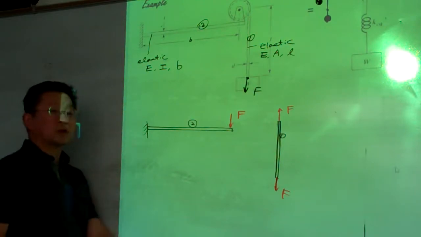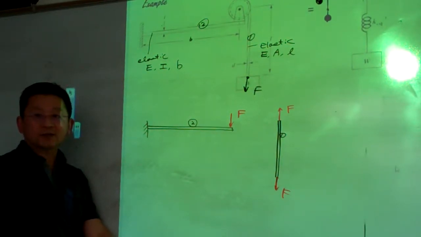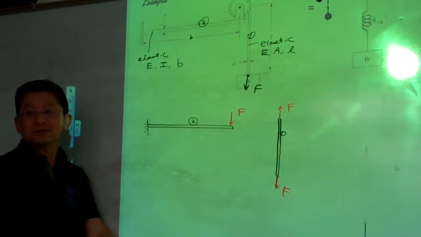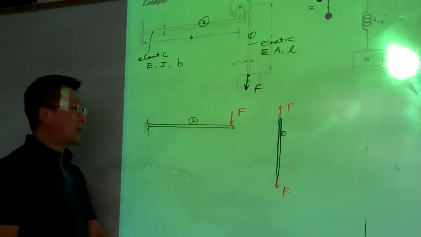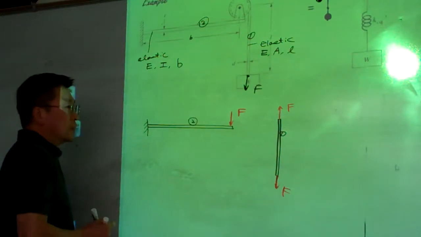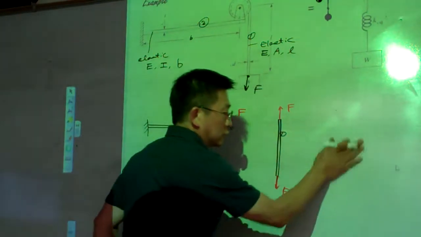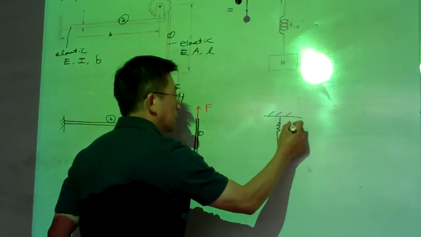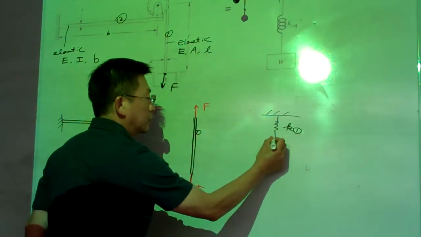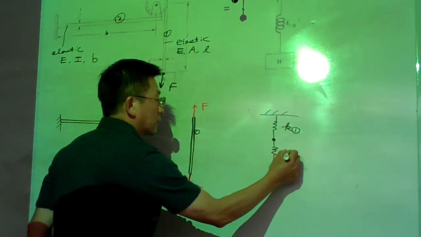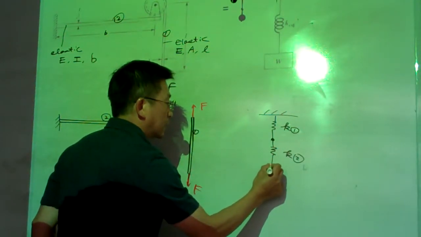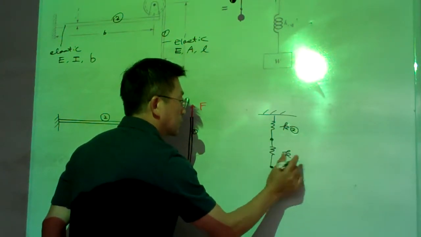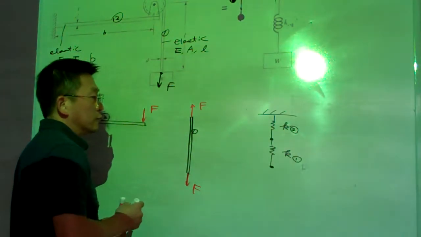This system is classified as springs in series connection. Now from here you can easily formulate this: the spring K for system 1, and the spring K for system 2, and this is our force.